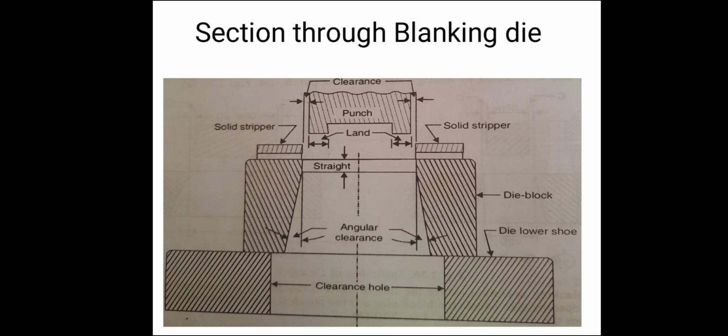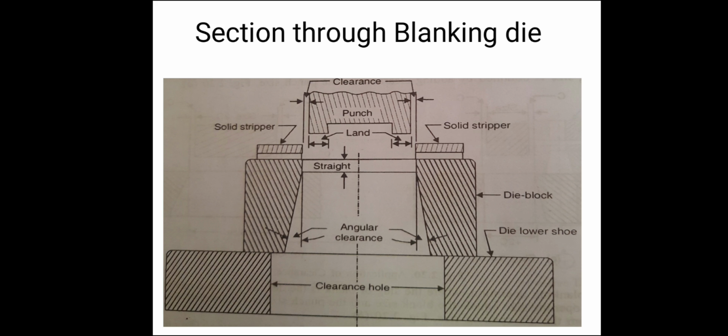For round die openings, that is, D less than 3 to 5 mm, instead of die angular clearance, die clearance is maintained by slightly oversized drilling. So this is about angular clearance, and this is about die clearance.